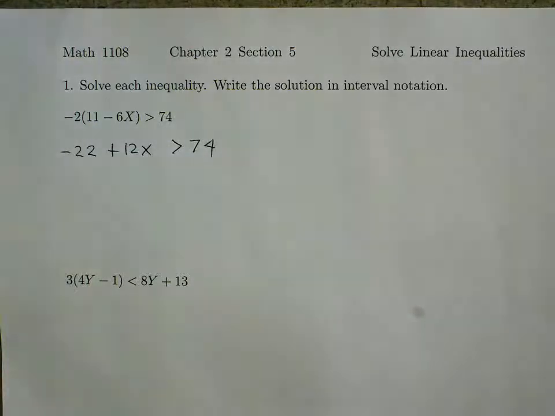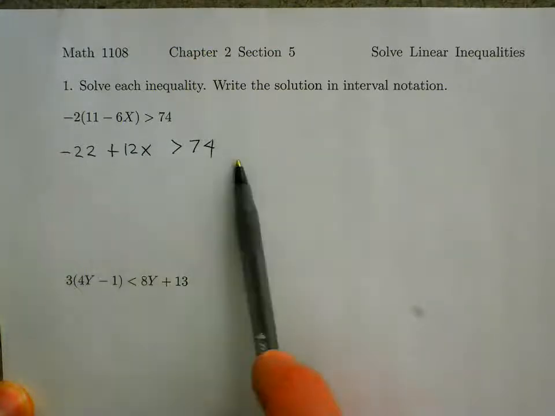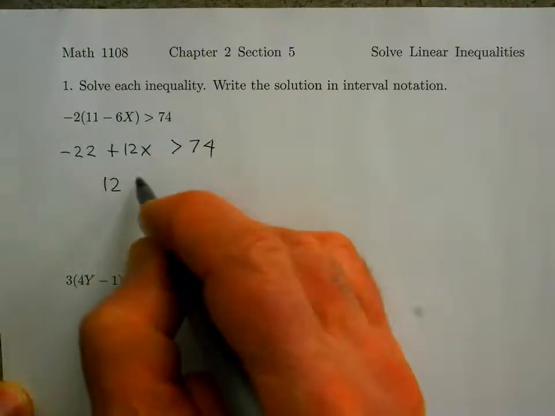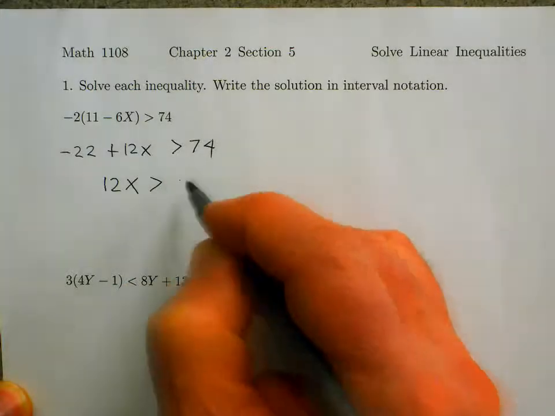If you drop one negative symbol somewhere, then that will throw the answer completely off. Okay, in the next step, we can add 22 to both sides. So when we add 22 to both sides, we get 12 times x is greater than 96.